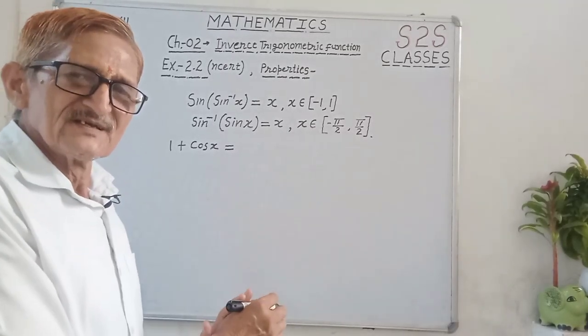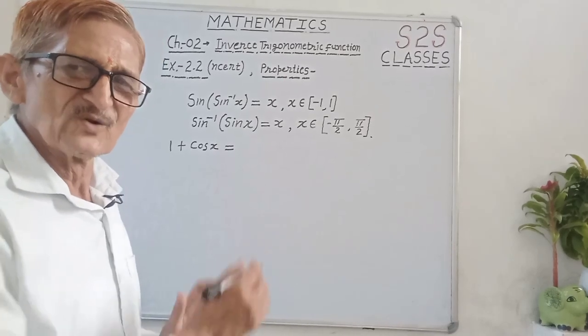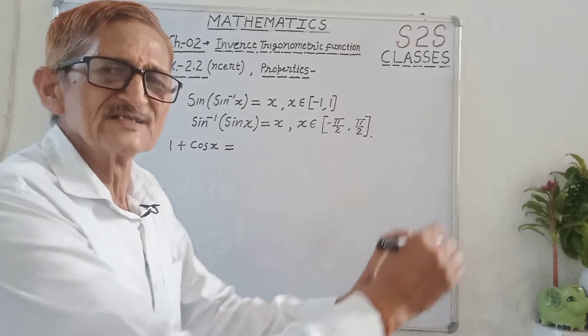If cos x, then cos x is equal to 2 cos square x by 2 minus 1.